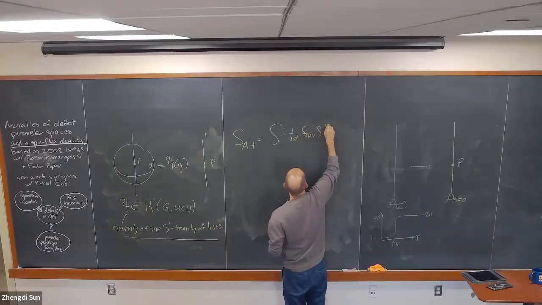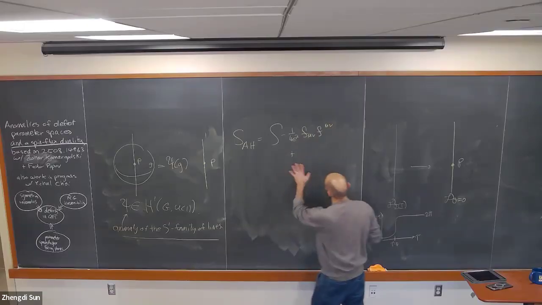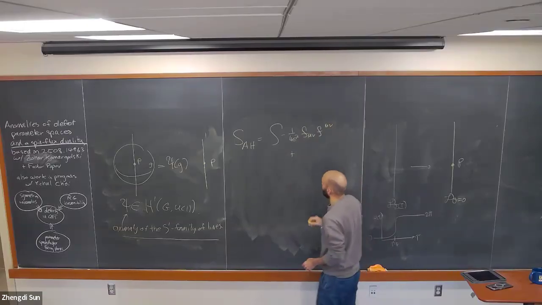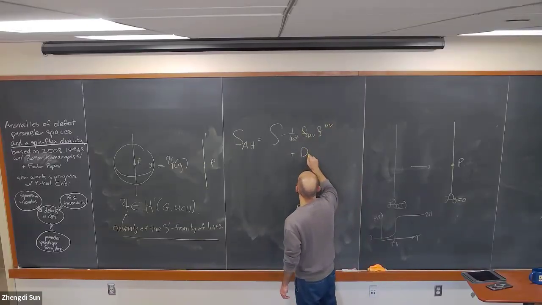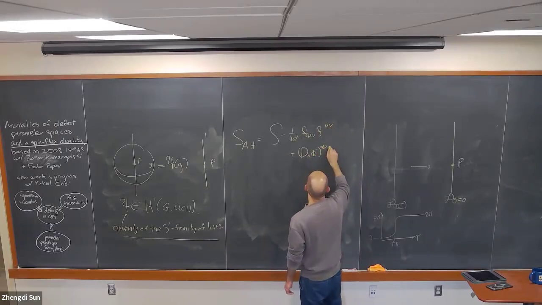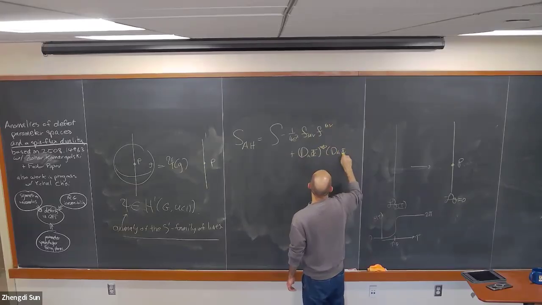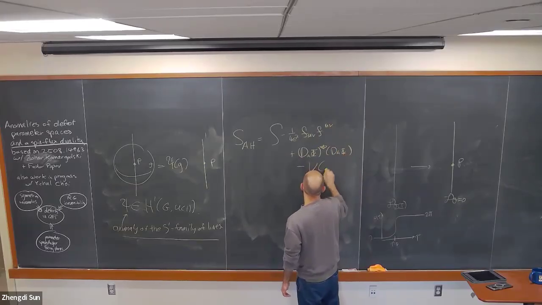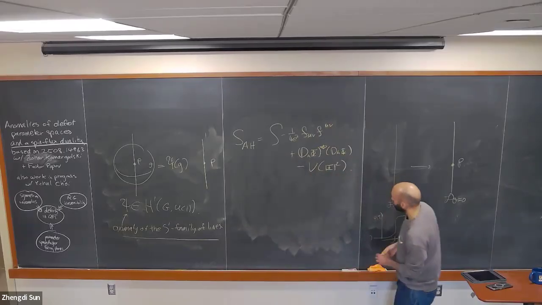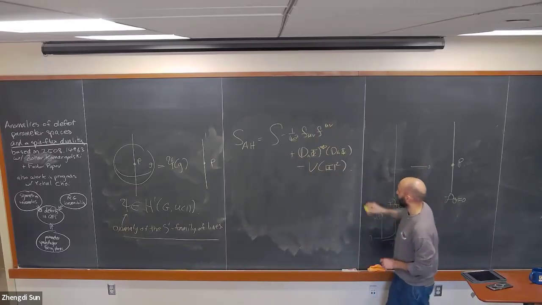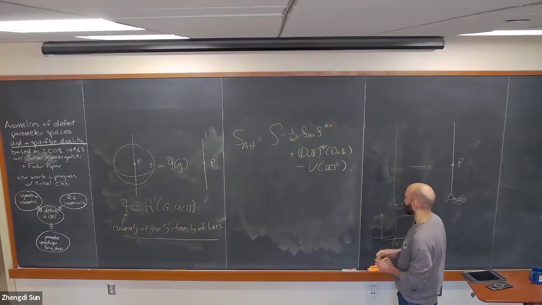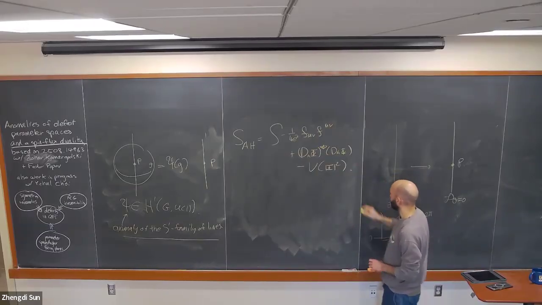It's a theory of a U(1) gauge field plus a charge 1 complex scalar. And again, we want to tune the bulk so that it's sitting at the critical point.